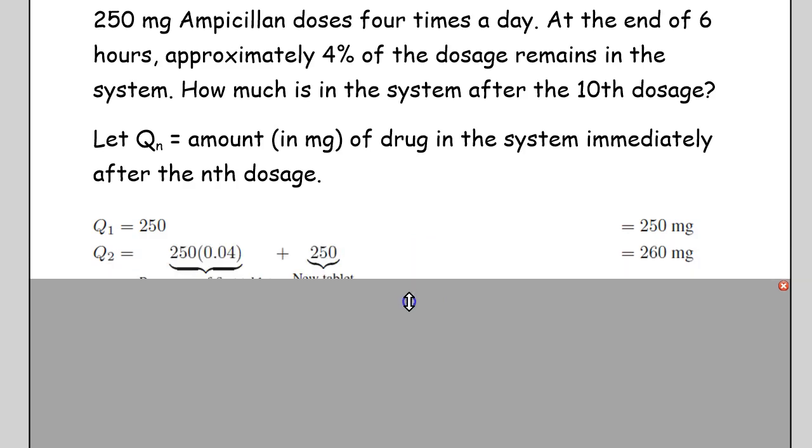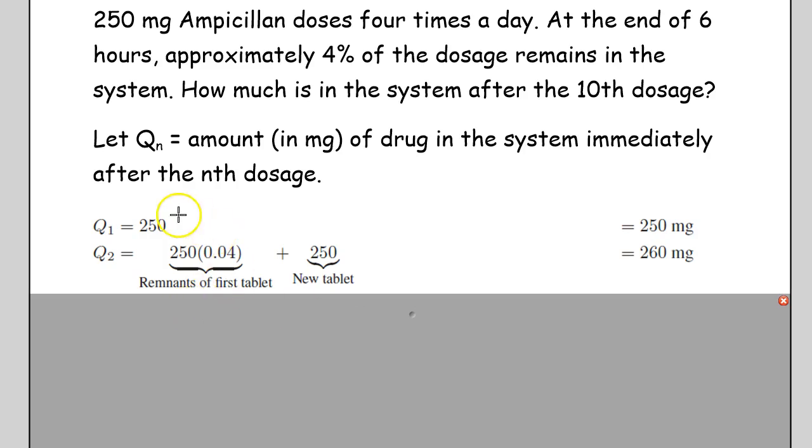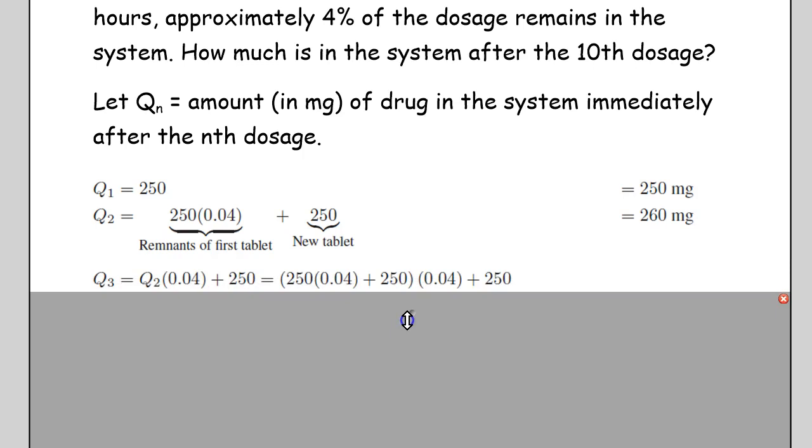Immediately after the second dosage, we add another 250 milligrams for the new tablet, but then what remains of the first tablet is already in the system, and we add those two up and we get a total of 260 milligrams. After the third dosage, again we have a third dosage, which is 250 milligrams, and then what's remaining of the past 2 dosages, which is going to be this value.